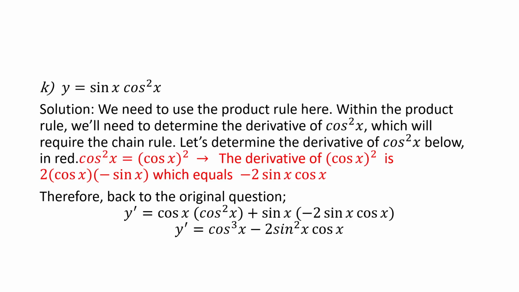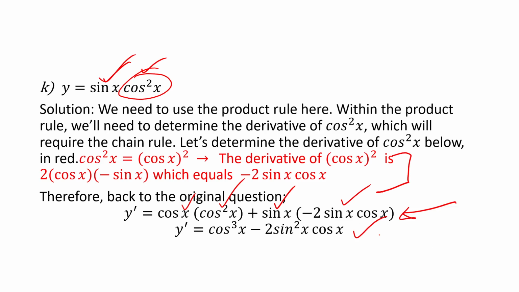And therefore, going back to the original question, we can write down that we've got derivative of the first, which is cos x, times the second, which is cos squared x, plus the first, which is sine x, times derivative of the second. So what's the derivative of cos squared x? Well, in red, we're showing it here. It's negative 2 sine x cos x. And putting all that together, everything we have here, and simplifying it, we get that expression at the bottom.